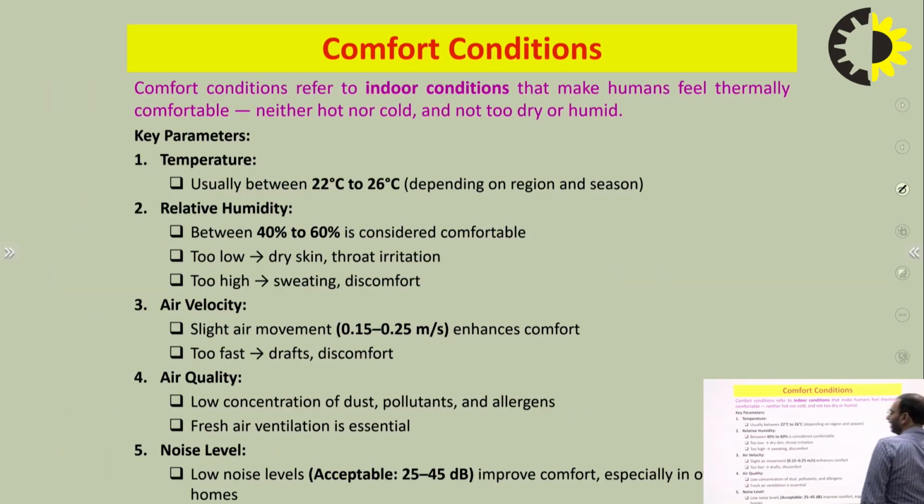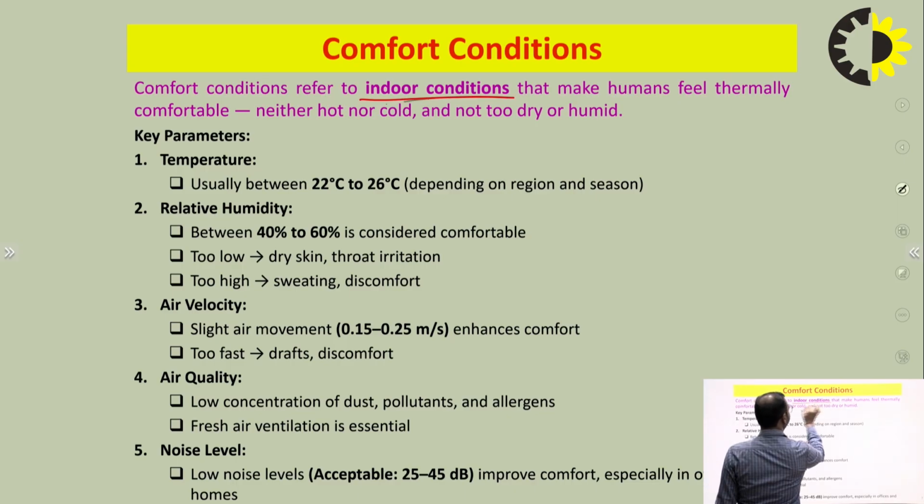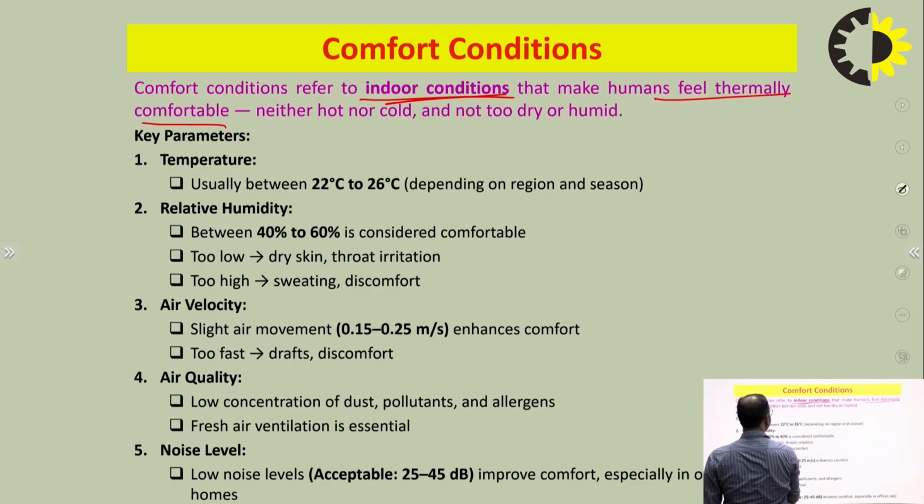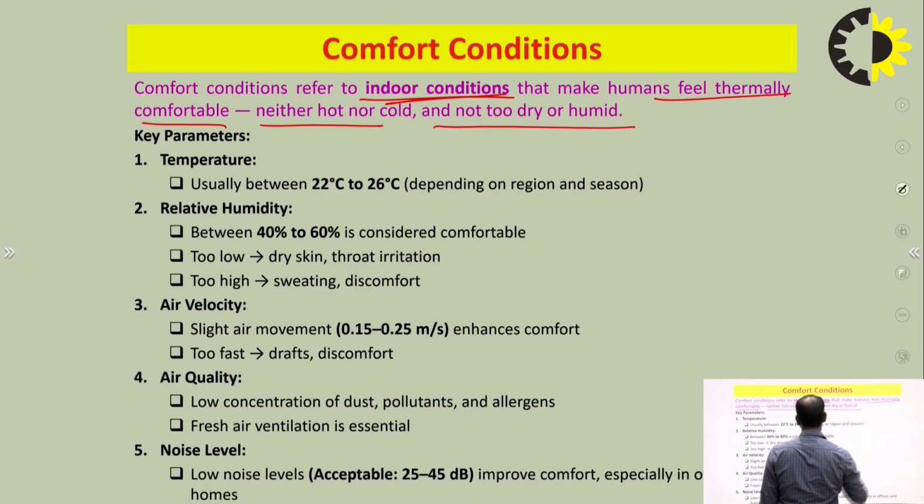Then what are comfort conditions? Basically, comfort conditions refer to the indoor conditions that make humans feel thermally comfortable, meaning neither hot nor cold and not too dry or humid.